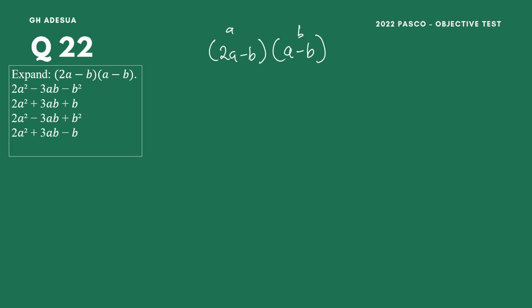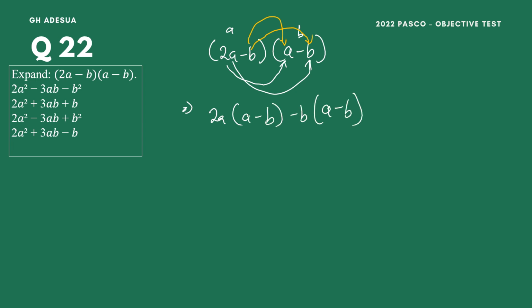That is to say that 2A multiplies A, and the same 2A would multiply negative B. In the same case, negative B is also going to multiply A, and also multiply negative B. If you want to rewrite this, it's going to be 2A into bracket a minus b, and negative b into bracket a minus b.